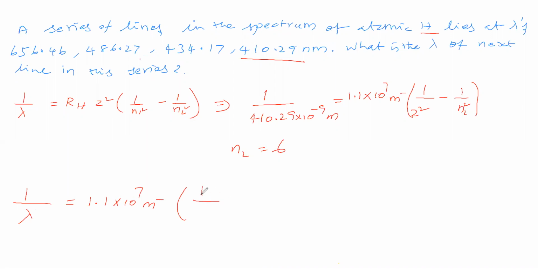How much can we substitute for N1? If the next wavelength is in the visible region, that means Balmer series, then we can substitute n1 is equal to 2. If the next wavelength is in the ultraviolet region, Lyman series, then n1 is equal to 1. Which do we have to take? In which case does the next wavelength come?